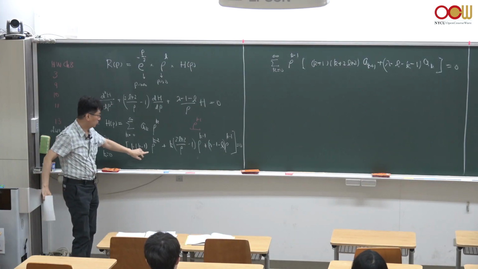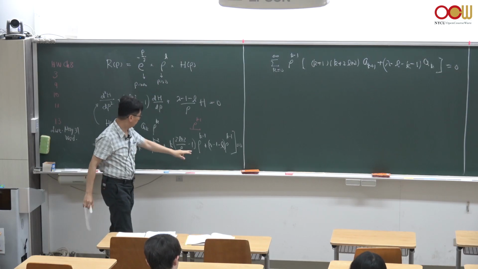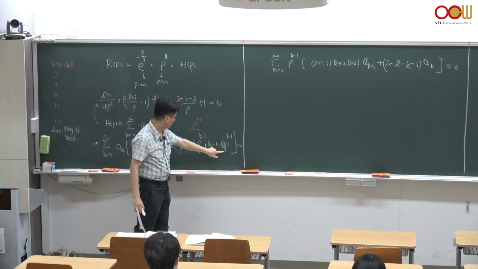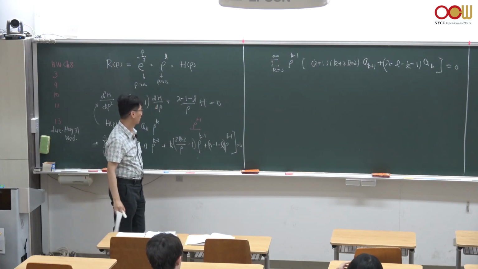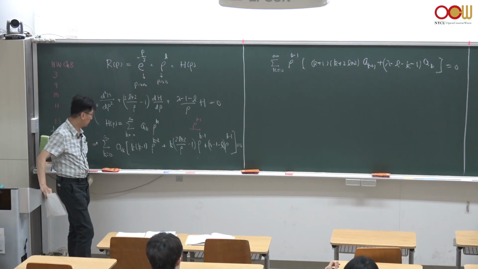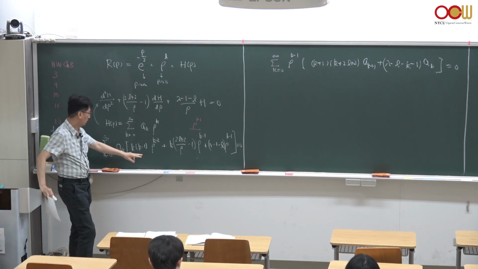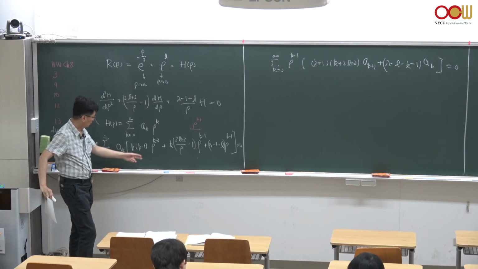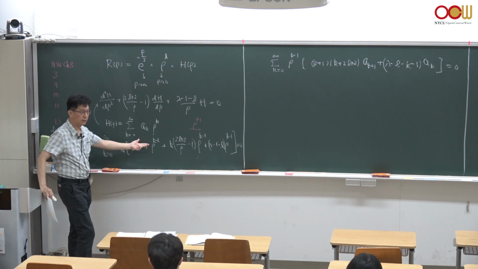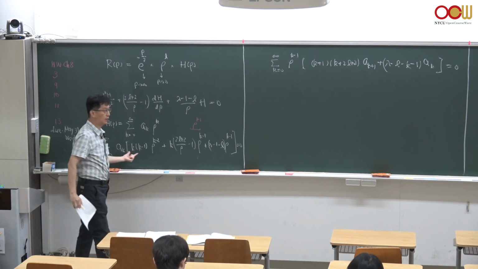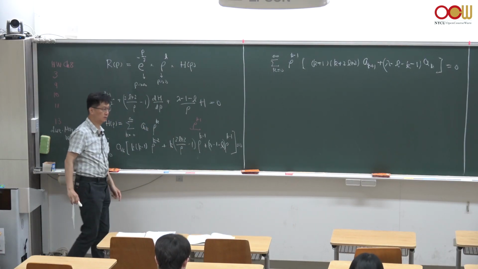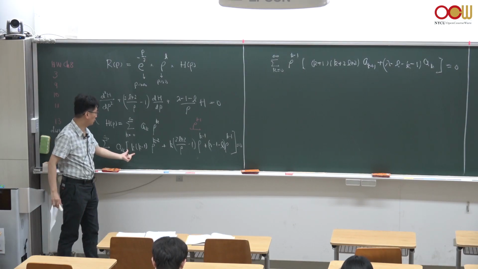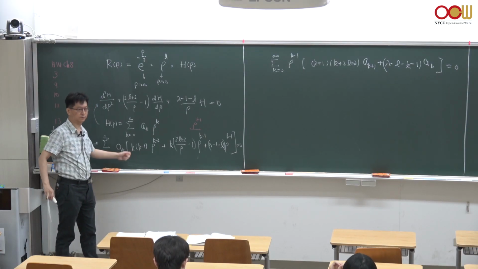Right, so how to do that? Well, you just do the power counting. This term is proportional to rho to the power of k minus 1. And this is also, but this term is rho to the power of k minus 2. So then you need to shift your k so that you collect this term with the same power as the other two, so that this k becomes k plus 1 for the first term.